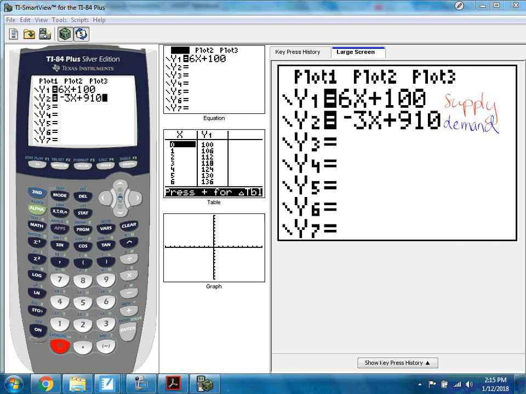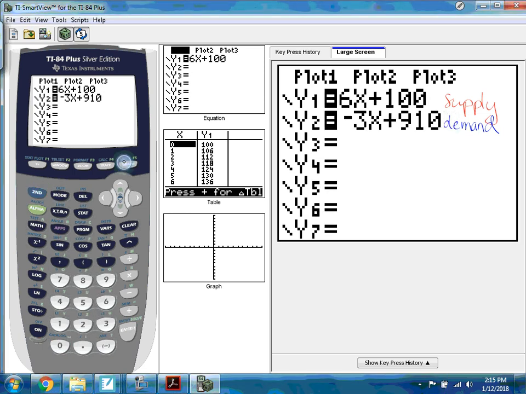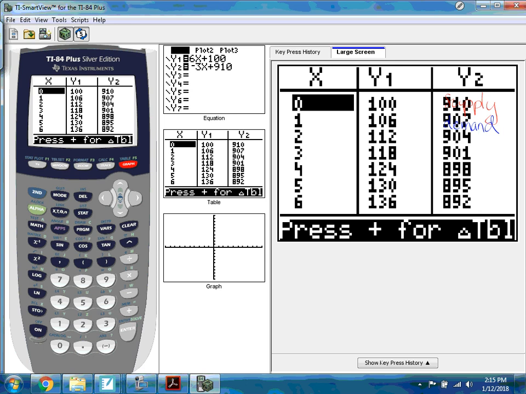Okay, so the calculator will calculate all these for us, and since we have a table, we might as well use the calculator table. So if we go to table, just keep in mind Y1 is supply and Y2 is demand. So if I go to table, I'm going to recopy these. Here's supply, here's demand.